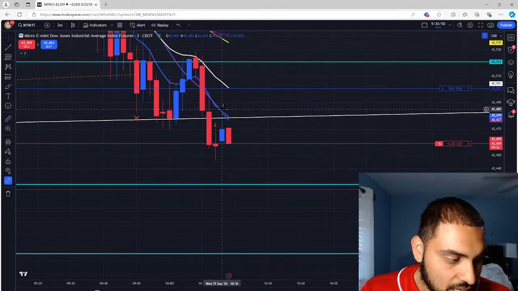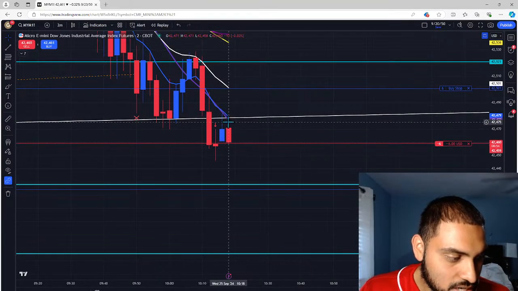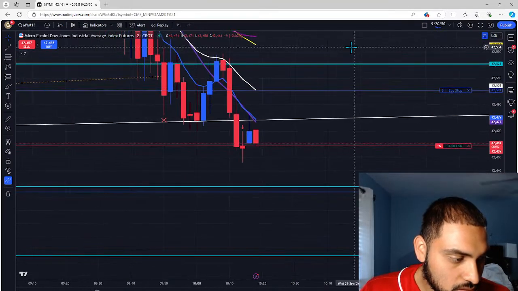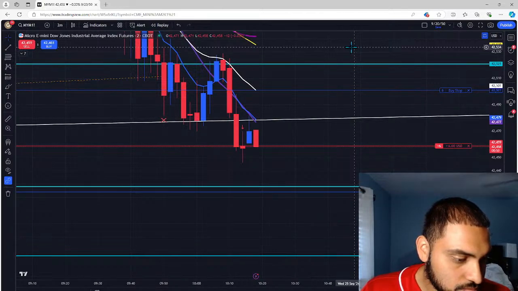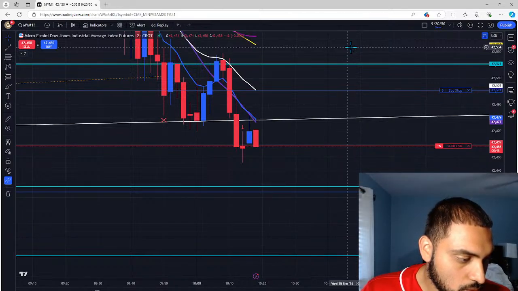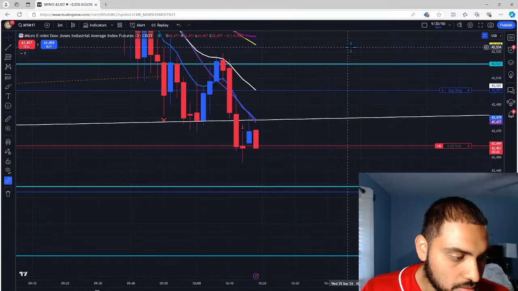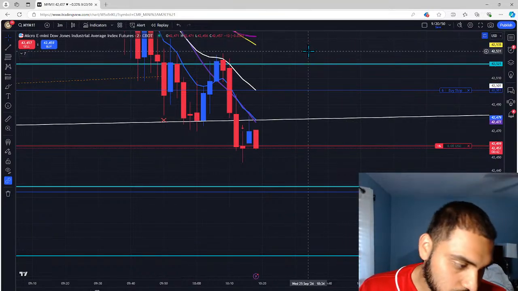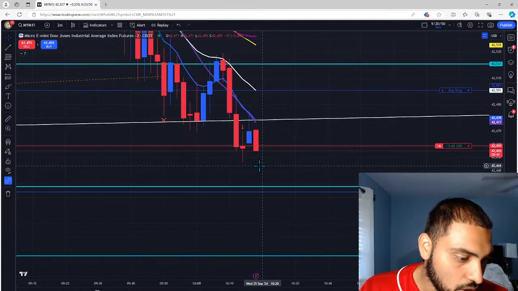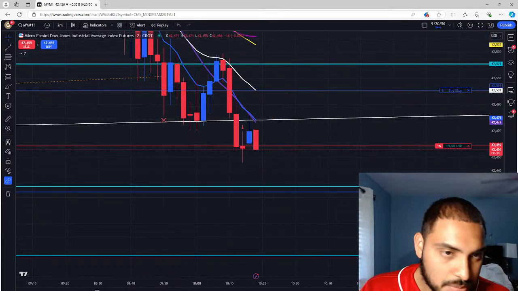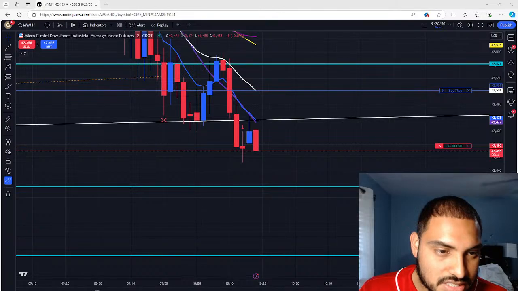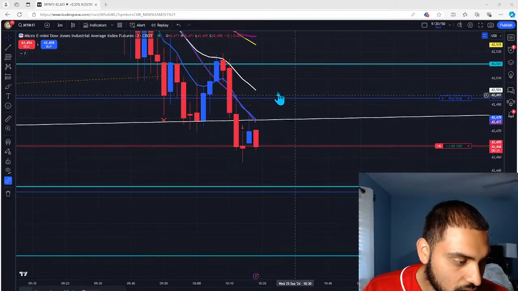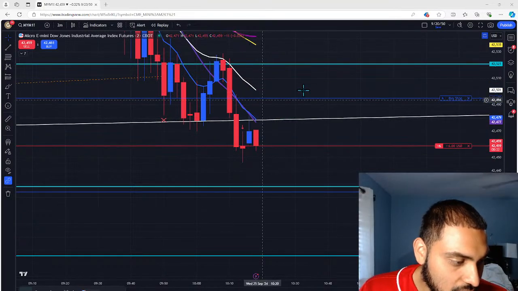Looks like it touched that 9 MA and the whole moving average got rejected a bit. Okay, we have a little bit of selling right now. See if we can break that low. We're coming down. Let's move that stop loss a little bit down right there. Halfway around that 9 EMA.